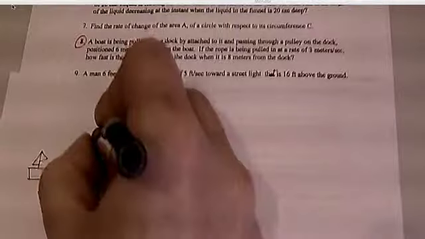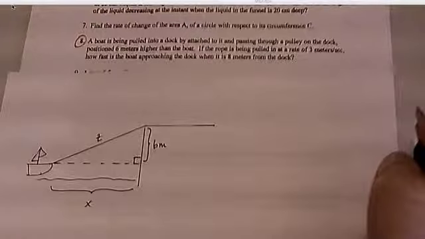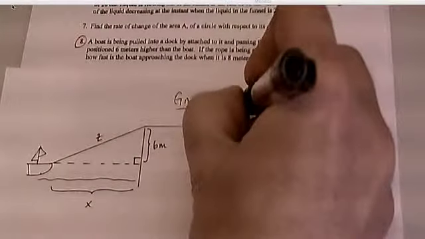We'll call this distance right here x, since we're used to that. Let's call this z. Now, let's talk about the information that's given to us. The first given piece of information is already in my picture right here. It's y is equal to 6 meters.